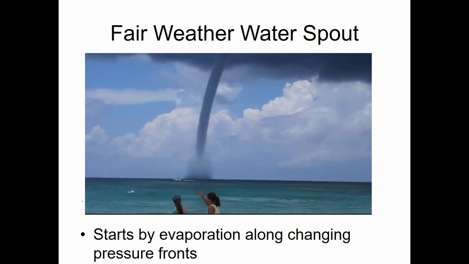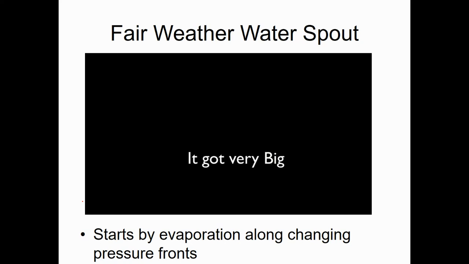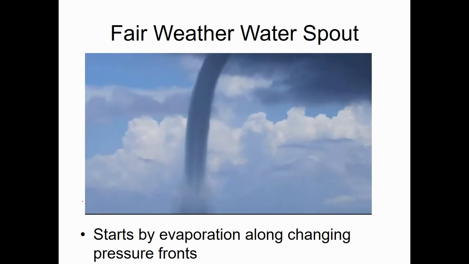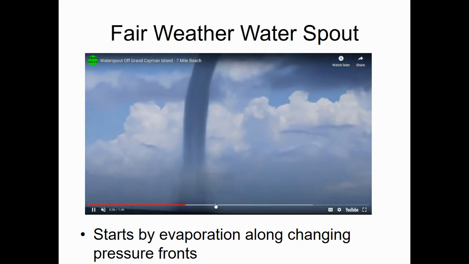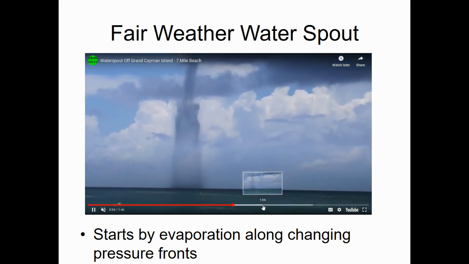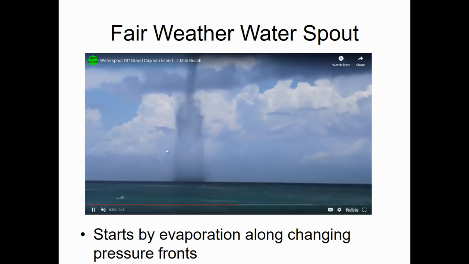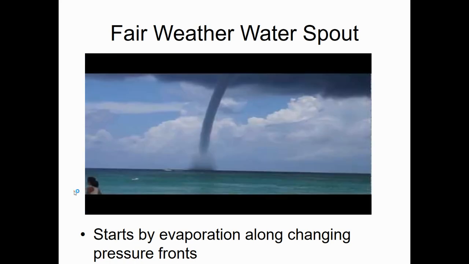It can start to evaporate, and then it gets kind of twisted in two merging fronts, and you can end up with a water spout. So water spouts can be really dangerous. This one's huge, and when the front moves away, though, it just dissipates and all the water falls back down. Interesting stuff.